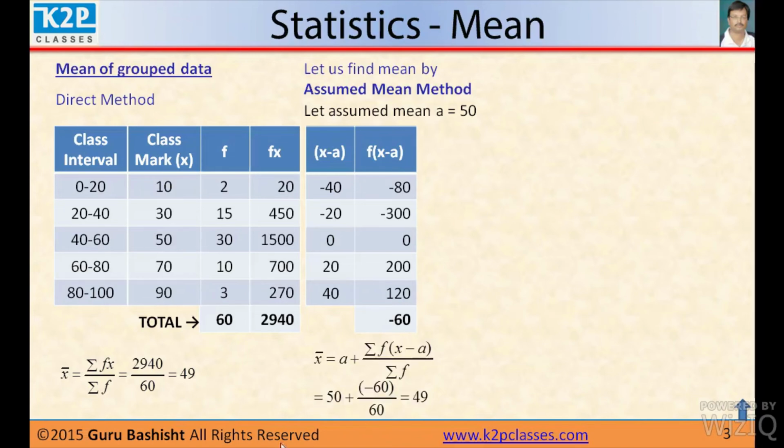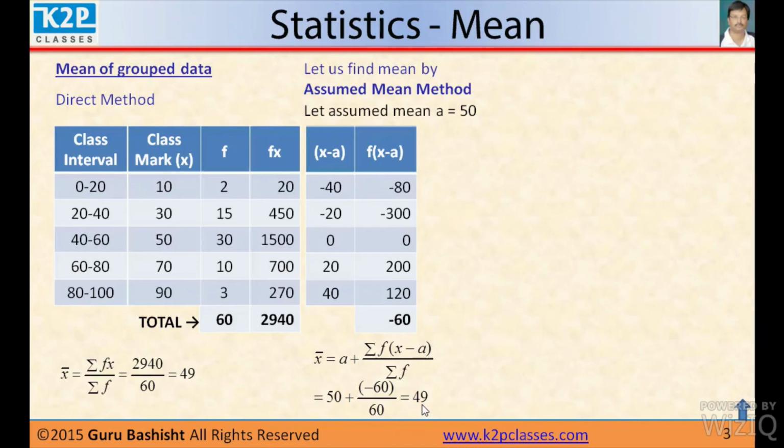So what is the formula of the mean by the assumed mean method? A plus sigma f into x minus a by sigma f, that is the mean of the deviations plus the assumed mean. So the assumed mean is 50, this is minus 60 by 60, minus 1 will come, so 50 minus 1 is 49.